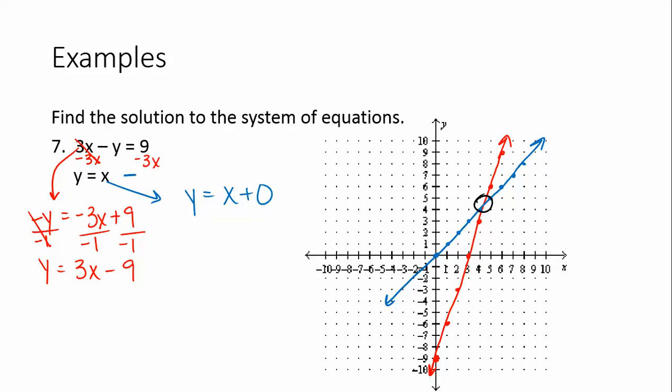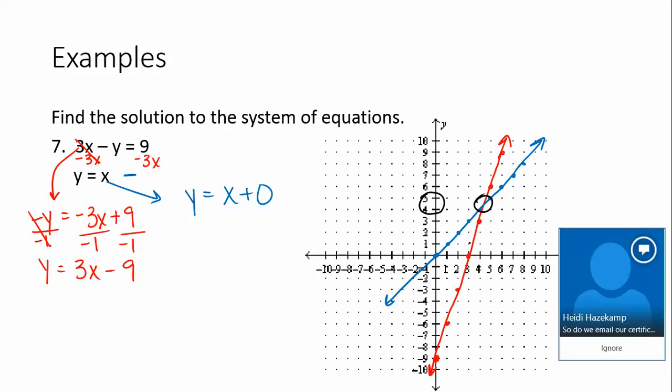So it's intersecting somewhere between the 4 and the 5 on the y-axis, and on the x-axis. So I would probably accept 4.5 and 4.5. Yeah, that looks good enough.